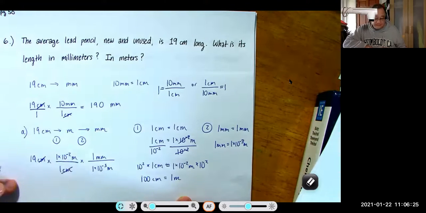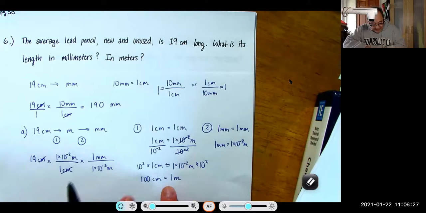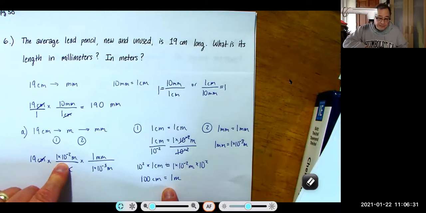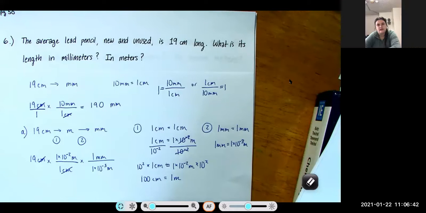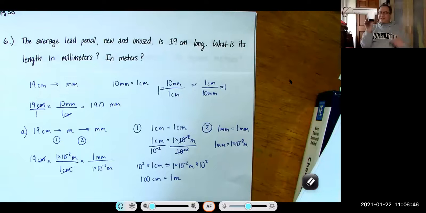So this is the same thing as saying 1 centimeter is 1/100th of a meter. I want you to visually think about that. Here's a meter. How much of this is 1 centimeter? 1/100th of it. This is a centimeter.